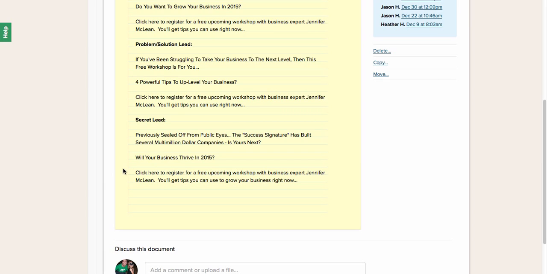And so I want to make sure that we have the highest probability of the right eyes viewing this ad. We don't want curiosity seekers that aren't business owners seeing this ad. So that's why we've got this copy about building multi-million-dollar companies, business here, will your business. We want to get as many business owners on this as possible.